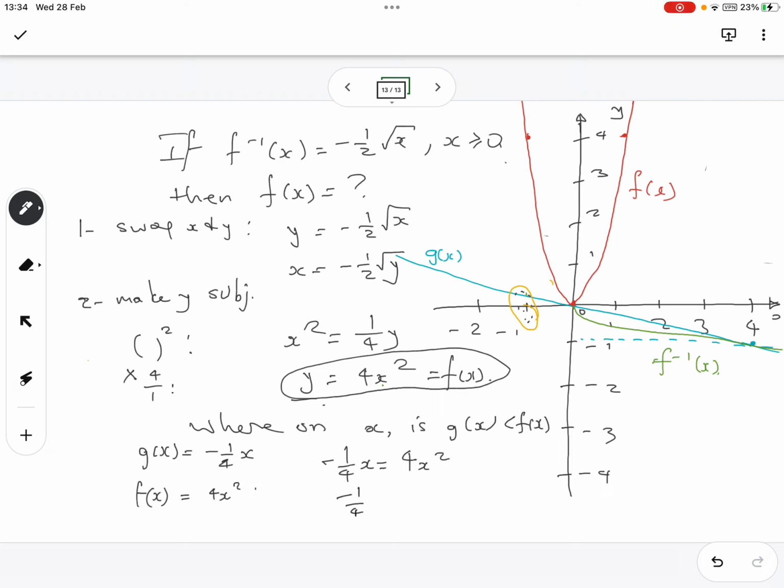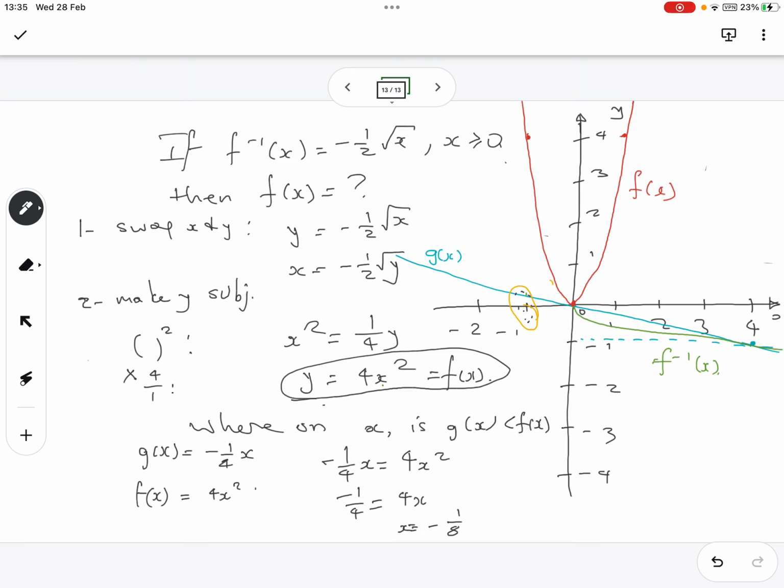If we divide, we're left with negative a quarter equals 4x. So x equals negative 1 over 8. Okay, so where x is negative 1 over 8, they intersect.